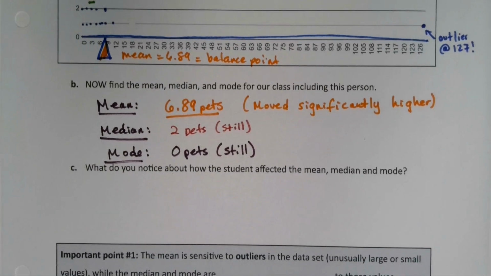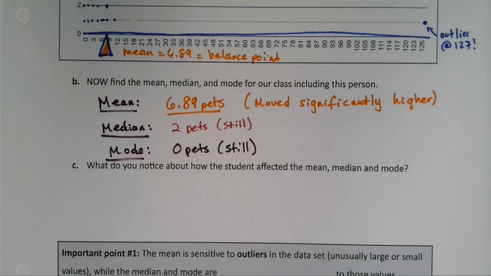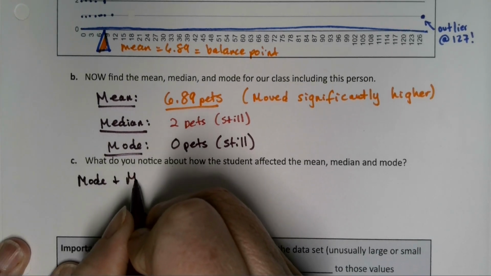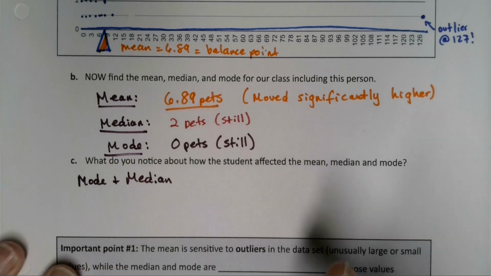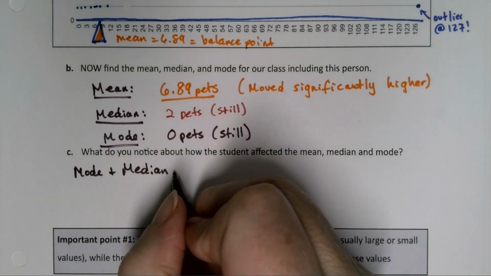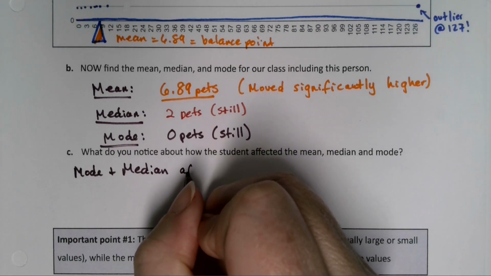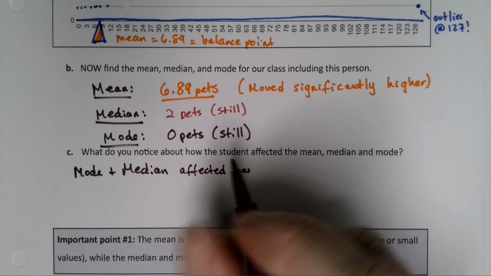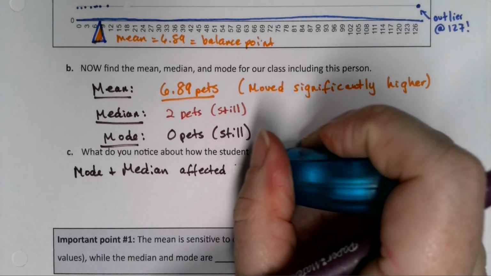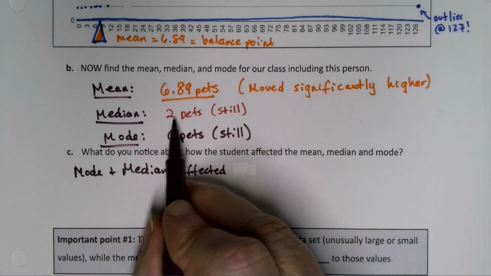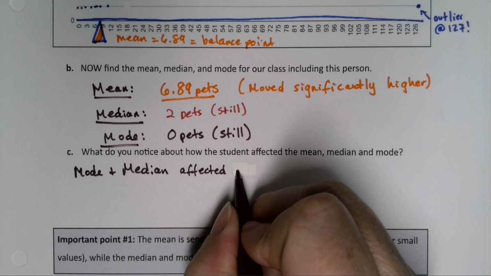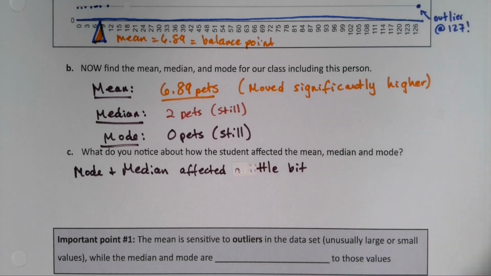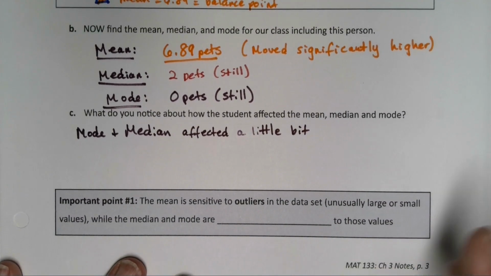So what do we notice? We notice that the mode and the median are not affected, or affected very little. The median does get nudged a tiny bit by the outlier.